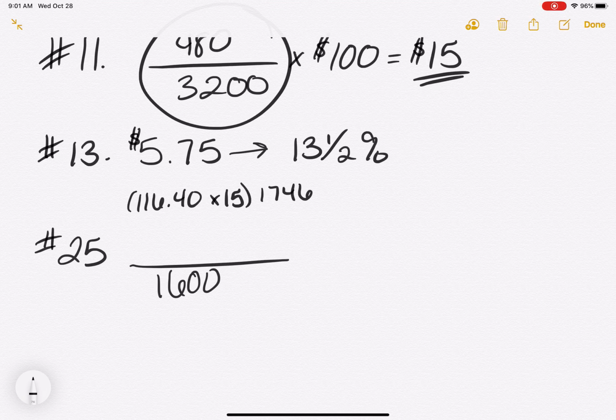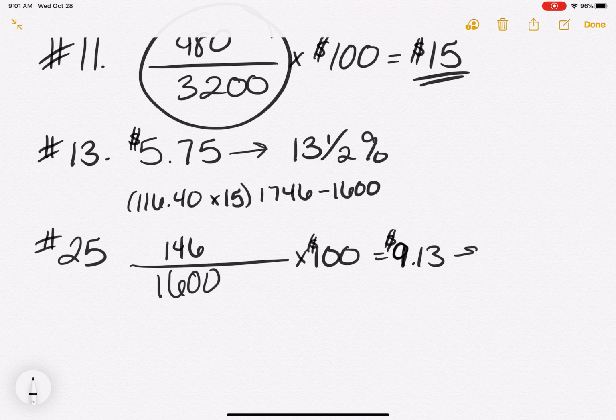We get 1746. Is that our finance charge? No, it's too big. That's way too big. We need a smaller number. So, yes, we have to subtract out the 1600 and we get 146. Okay, so we take 146 divided by 1600 times 100. Like $9.13.